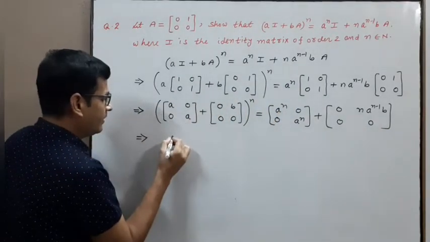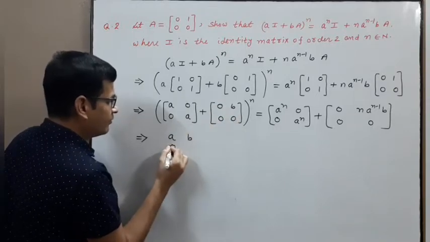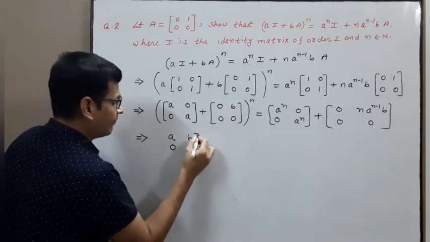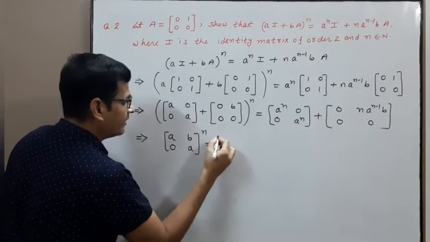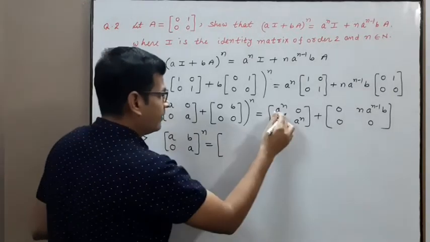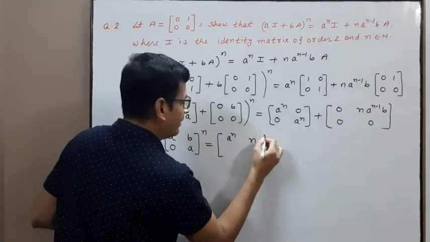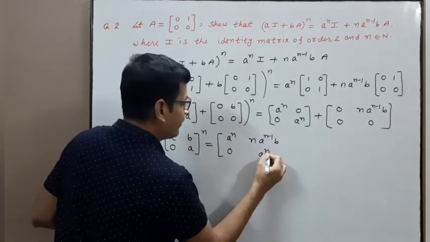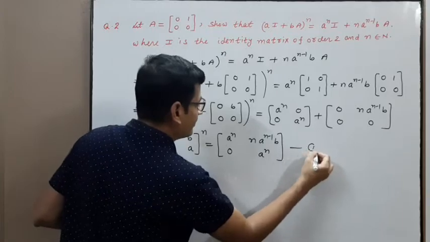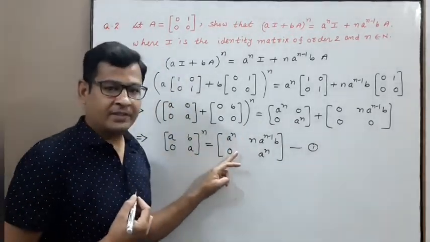So the actual question is this raised to the power n is equal to a raised to the power n, a raised to power n minus 1 into b, 0, a raised to the power n. Call this equation number 1. Now solve this question by the principle of mathematical induction.